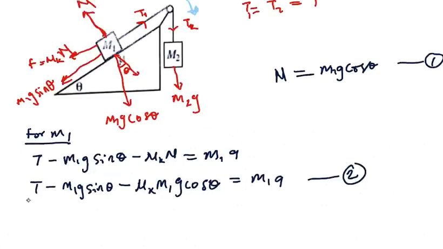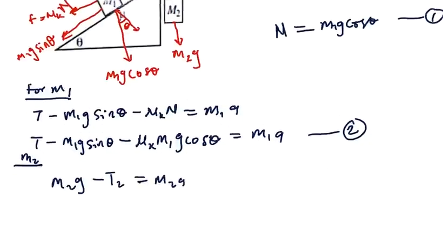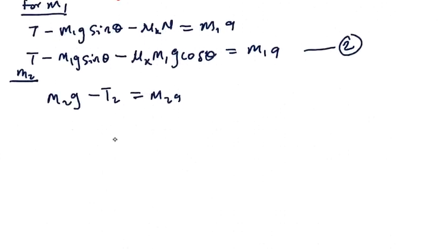For mass m2, we have the motion pointing downward, and this will be equal to m2 g minus T2 equal to m2 a. If we simplify this expression, we don't really have T1 and T2 because they are equal.